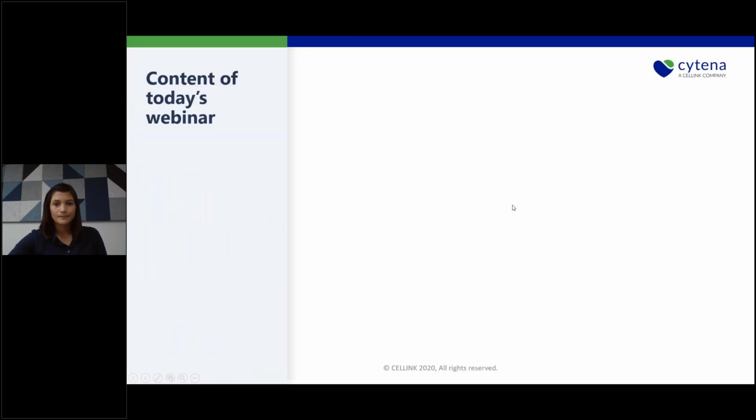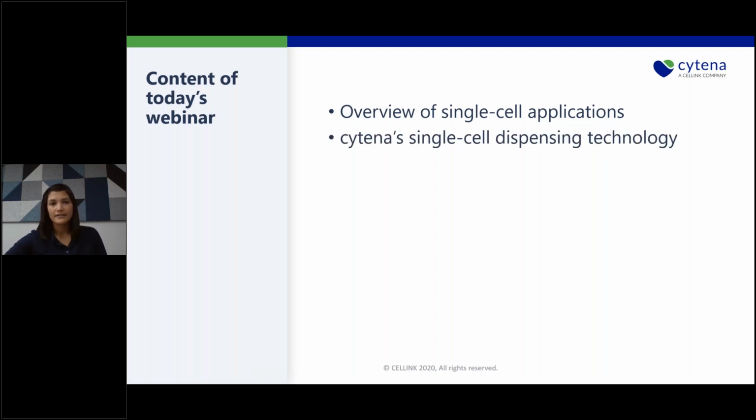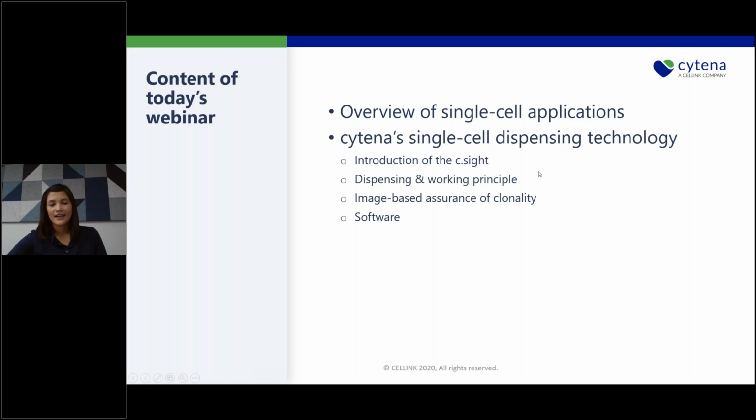So with that, I want to present you the content of today's webinar. So first, I will give a short overview of the single cell applications which our customers are mainly doing. And then I will present CYTENA single cell dispensing technology. So I will introduce the C.SIGHT and also explain the dispensing and working principle.